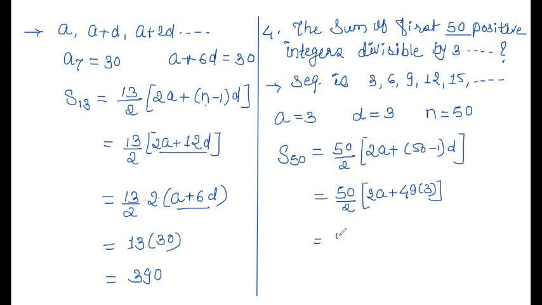Calculate it: we have 25 in bracket 2a, a is again 3, so 2 into 3, 6, plus 49 into 3, which is 147. Now calculate and tell me what the answer is. Total 25 into 153 is equal to 3825. This is the final answer.